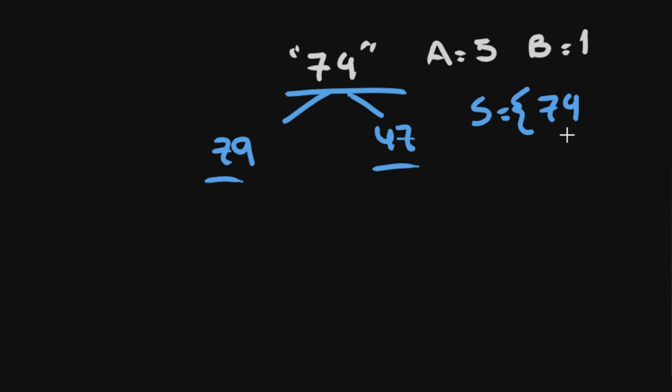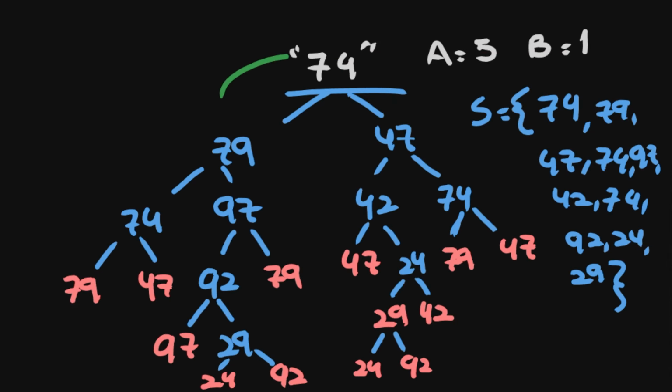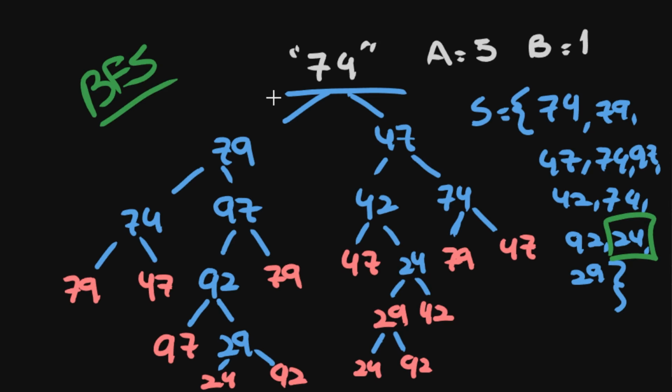These are not in the set, so we add 79 and 47. And we repeat the same process for these two. So this would be the final tree, this is the final set, and the minimum value here is 24, so we return this. And what we are doing here is a breadth first search. We are going level by level.